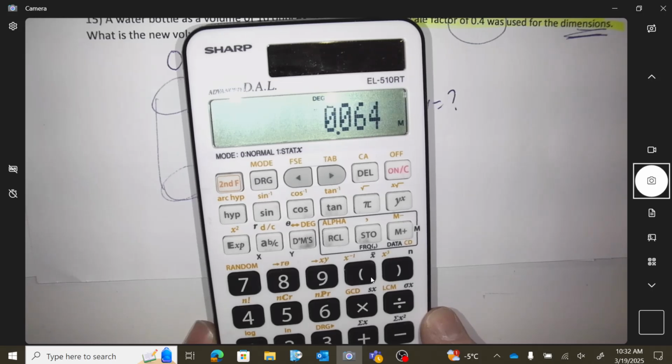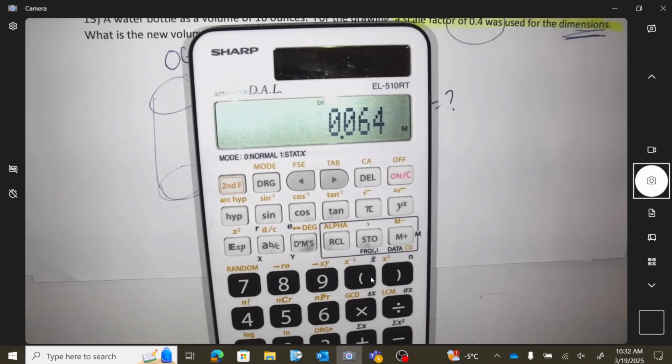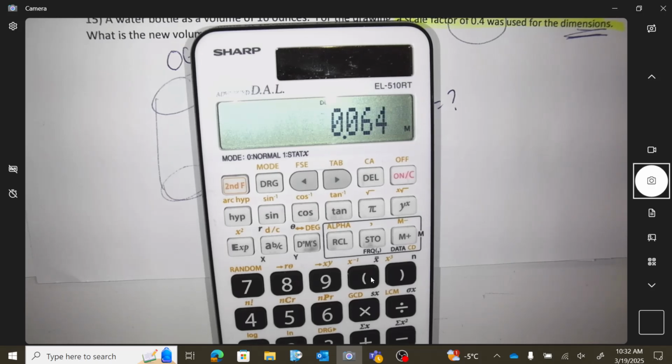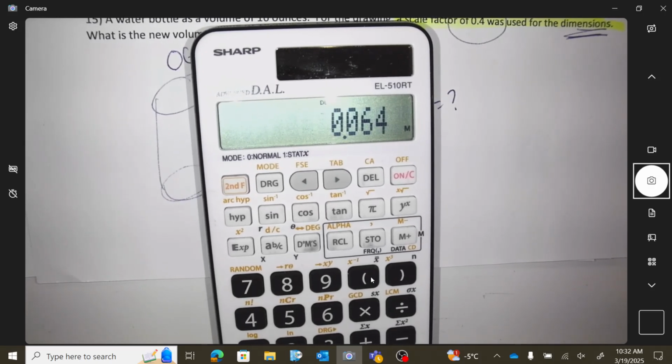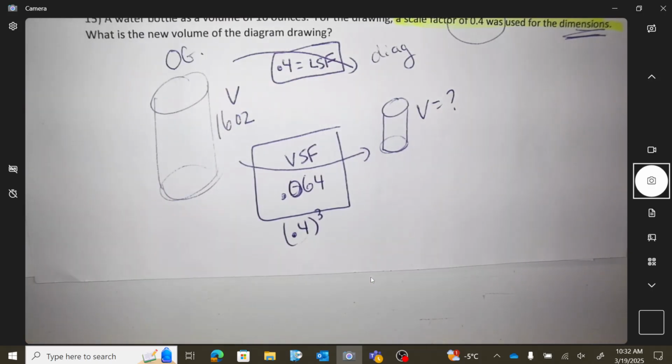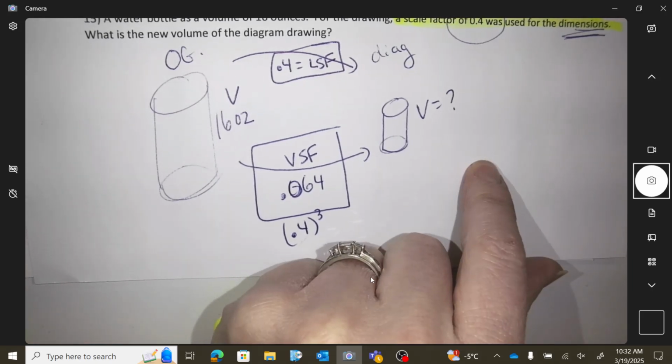You have a root symbol in front. I'm cubing, like to an exponent of 3. Now it worked? Okay, anybody figure out how to do this?